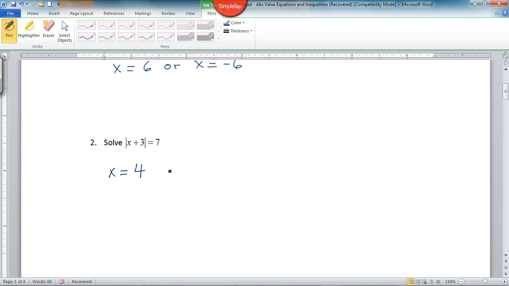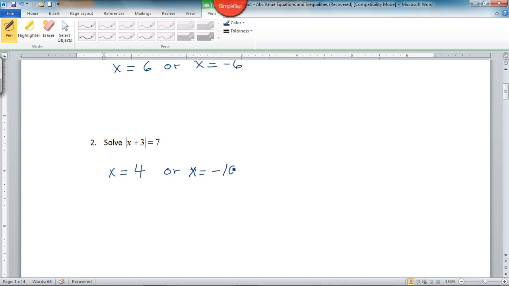If I substituted a negative 10 for x, that would give me the absolute value of negative 10 plus 3, which is the absolute value of negative 7, and you get positive 7. So yeah, we could also have a solution of x is negative 10.